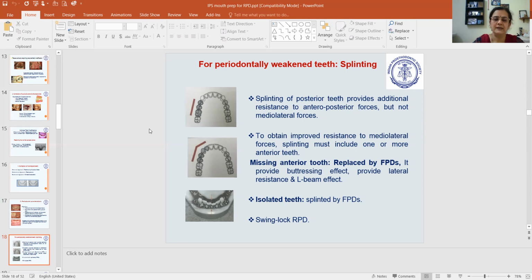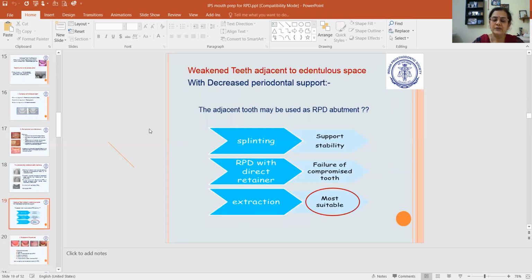Weakened teeth adjacent to an edentulous space. This is also an important aspect, especially in Class 1 and Class 2 or distal extension situations, where the abutment teeth have decreased periodontal support. Whether such a tooth should be used as the principal abutment for the removable partial denture is again a question.